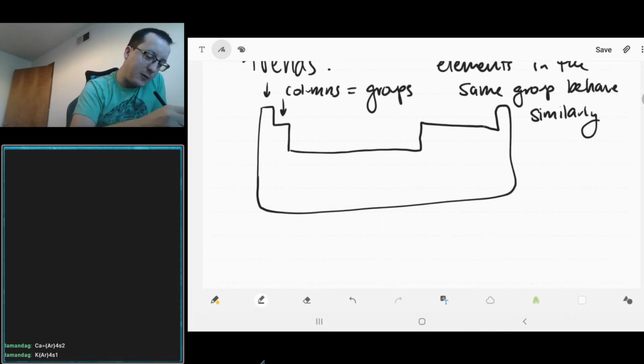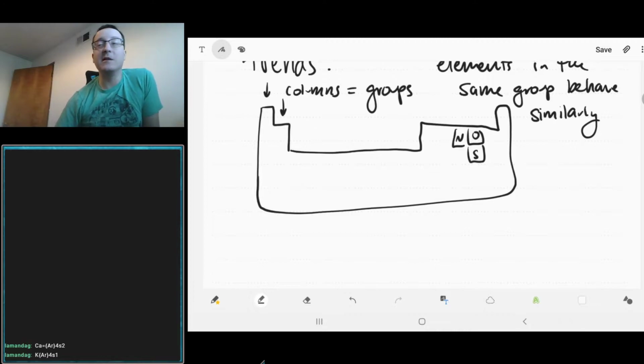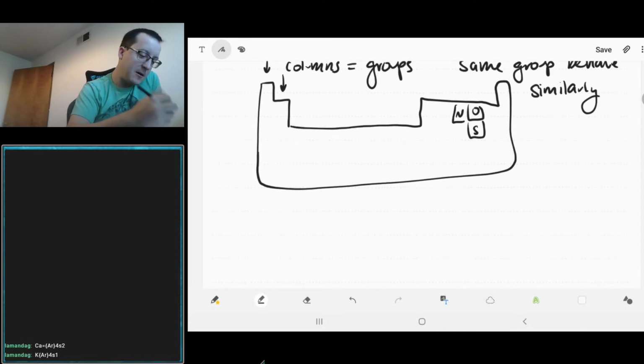So that means, for example, here are some elements in our periodic table.